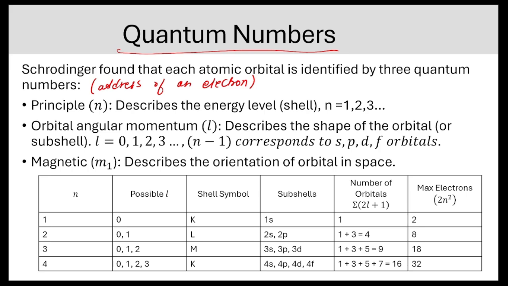The first quantum number, represented by n, is the principal quantum number. The principal quantum number is basically the energy level or the shell, written as 1, 2, 3 and so on.